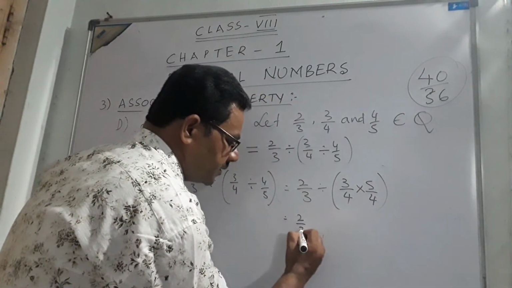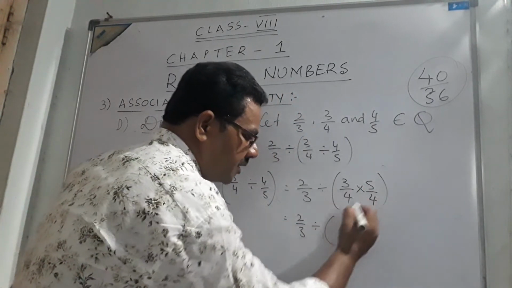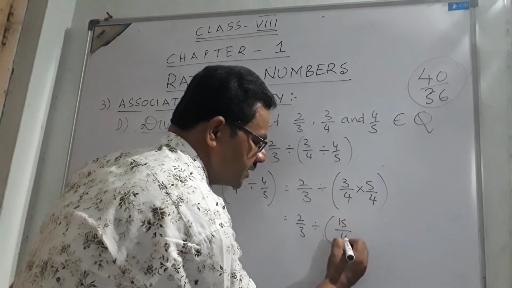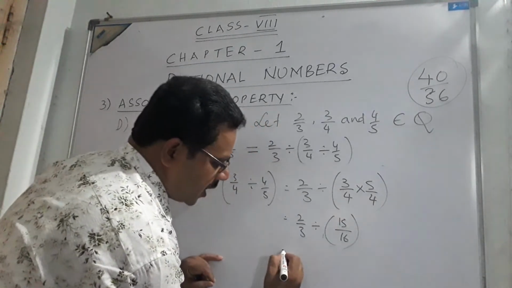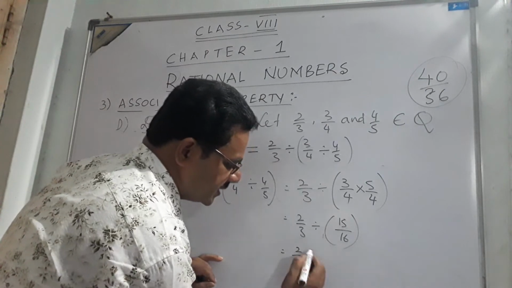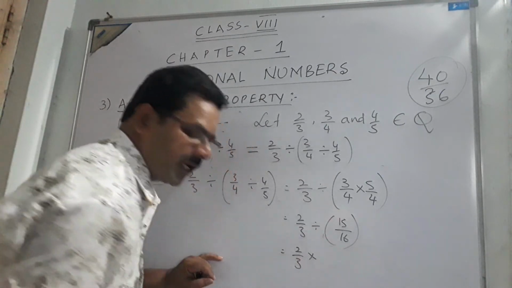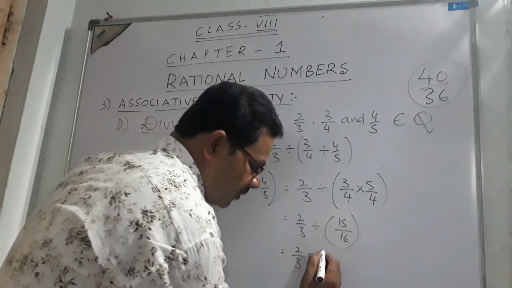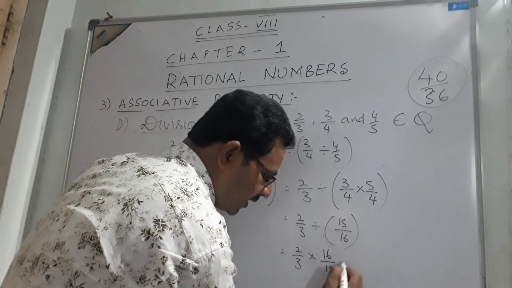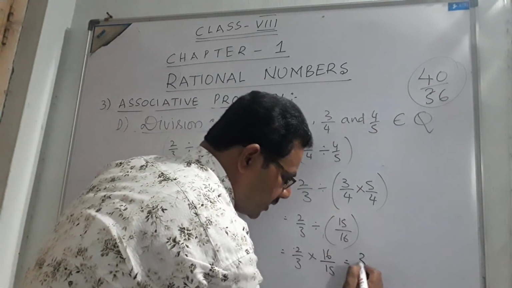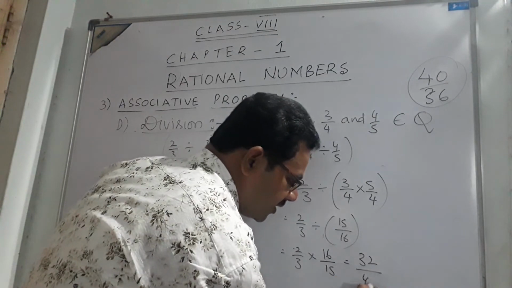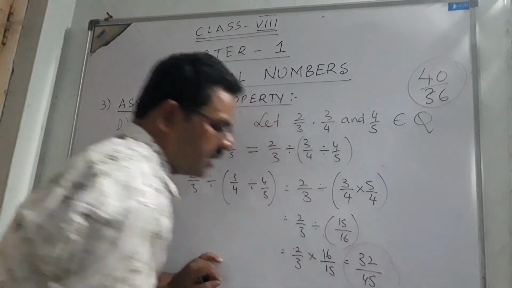That means 2 by 3 divided by 3 5s are 15 by 4 4s are 16. So now 2 by 3 is as it is. Divided by should be converted into multiplication. 15 by 16 will become 16 by 15. 2 16s are 32 by 3 15s are 45. This is the second answer.